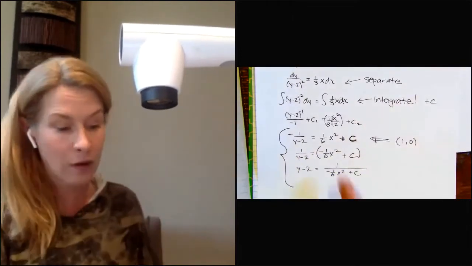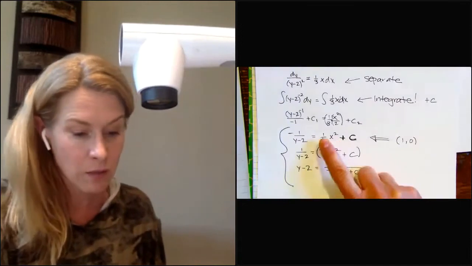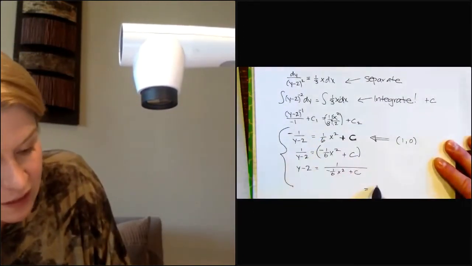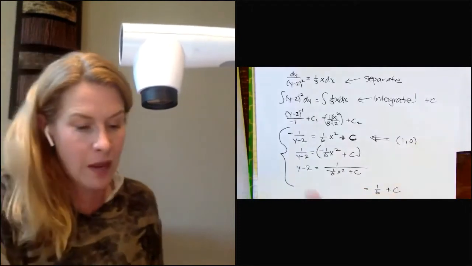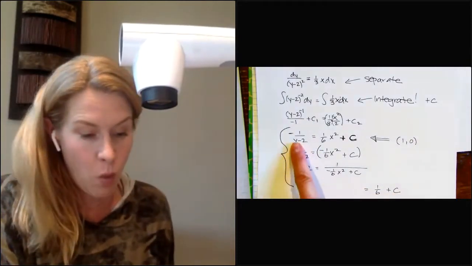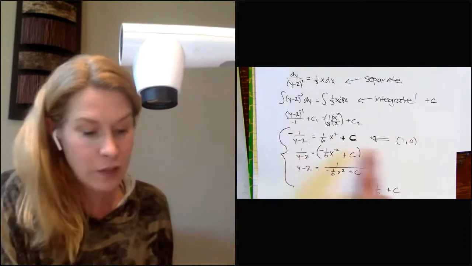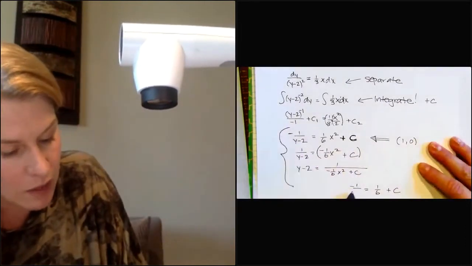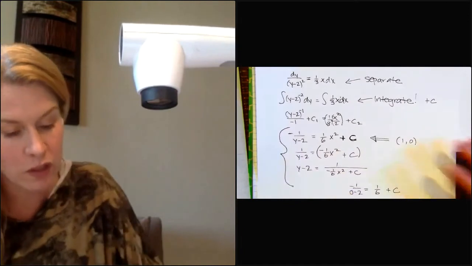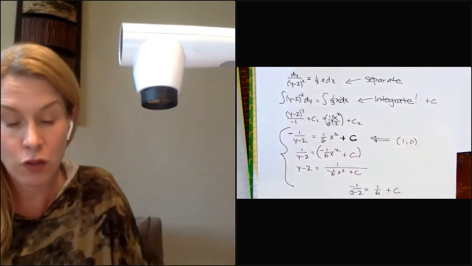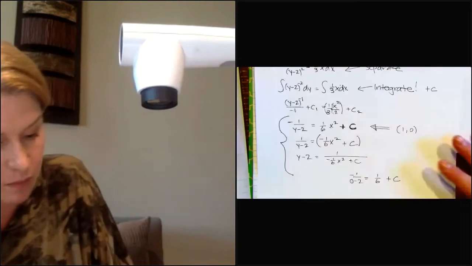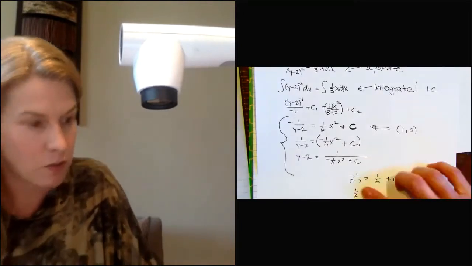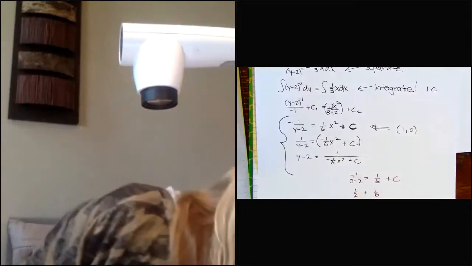So if we're plugging in 1 for x, right? So that would mean we have 1 squared, so 1/6 plus c. And then on the left-hand side where the y's are, we're plugging in 0 for y. So I have negative 1 over, and then we have 0 minus 2, which is negative 1 over negative 2, or positive 1/2, right? Oops, that should be an equal sign right there.